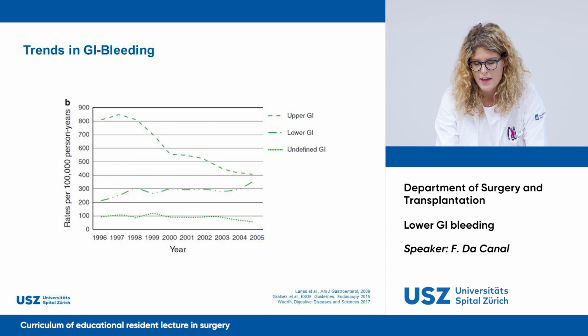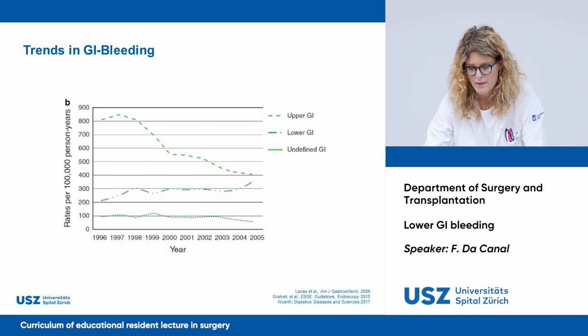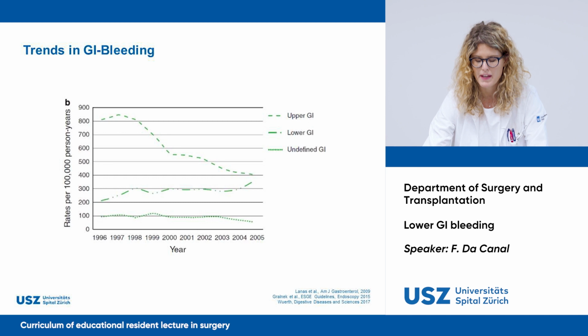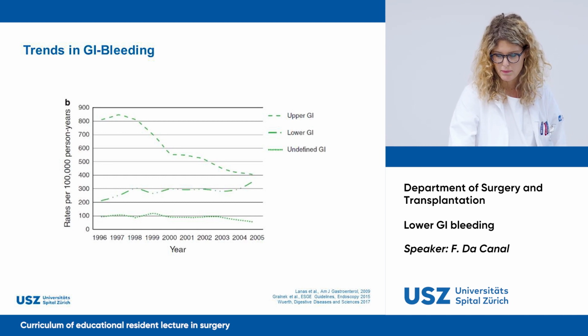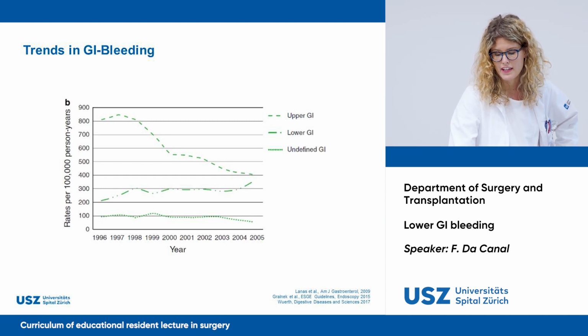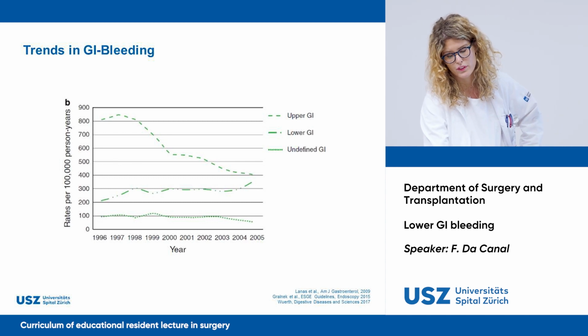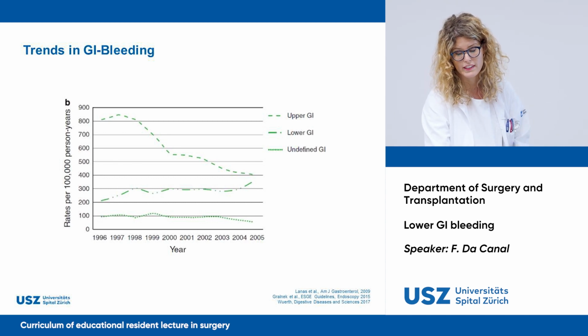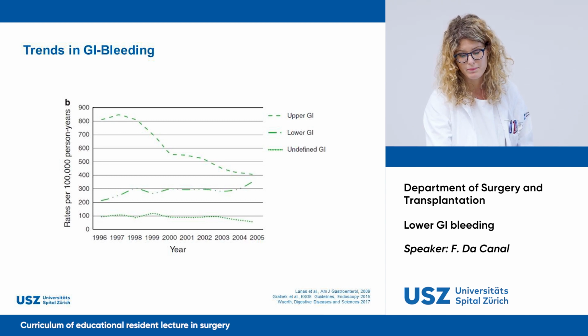So an upper GI bleeding is much more common than a lower GI bleeding, even if over the past decade, as shown in this population-based study of Lanas et al., there has been a progressive change in the overall picture of gastrointestinal events, with a clear decreasing trend in upper GI bleeding from 80 to 40 per 100,000 patients, probably even due to the increased PPI use, and a significant increase in lower GI bleeding events.